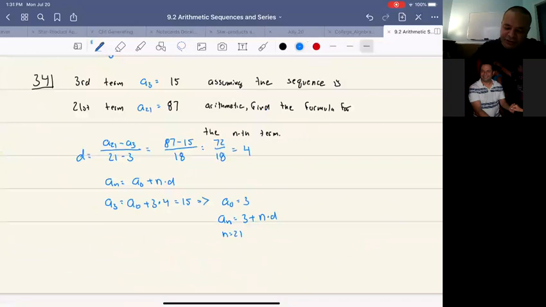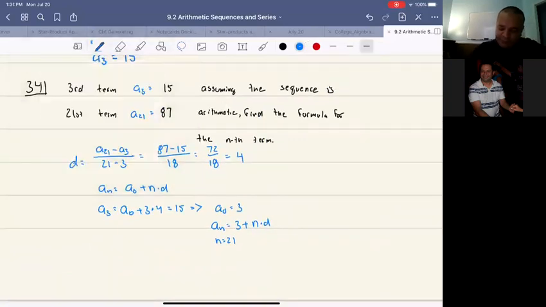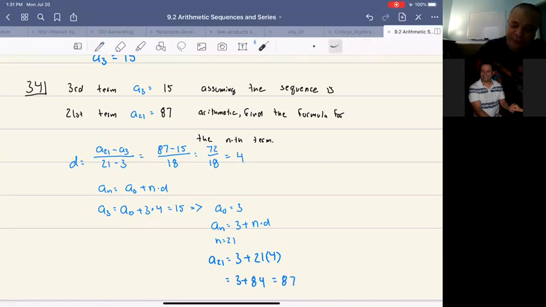So a sub 21 equals 3 plus 21 times 4. 21 times 4 is 84, last I checked. For a second there I thought it was 85. But 3 plus 84 equals our 87, which is what we were looking for.